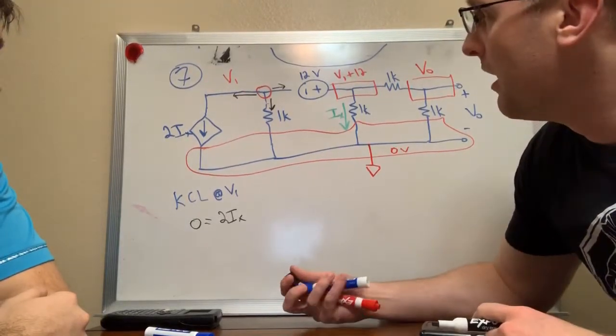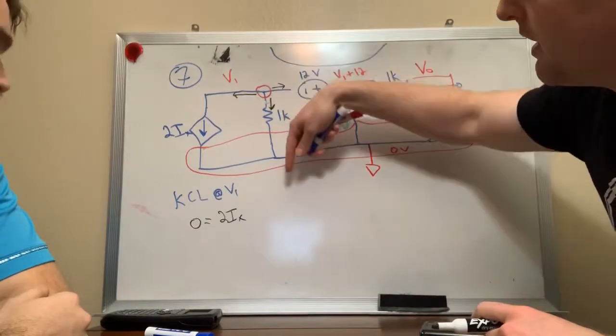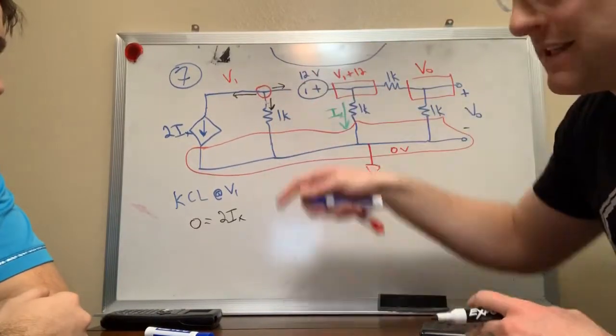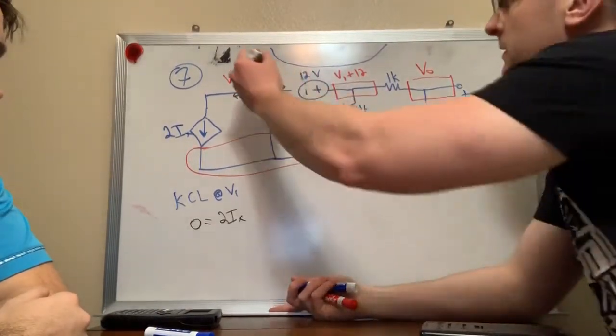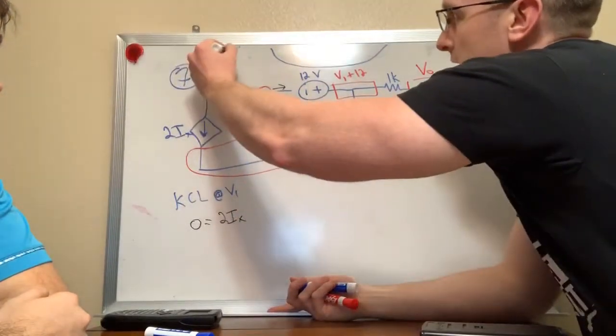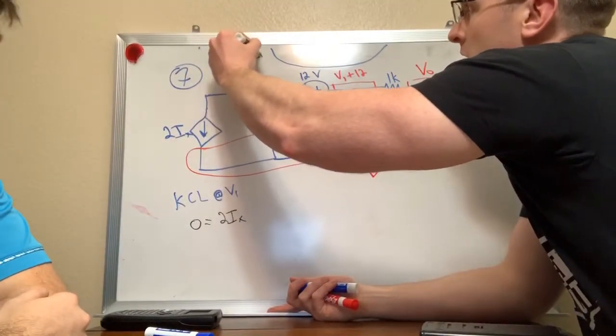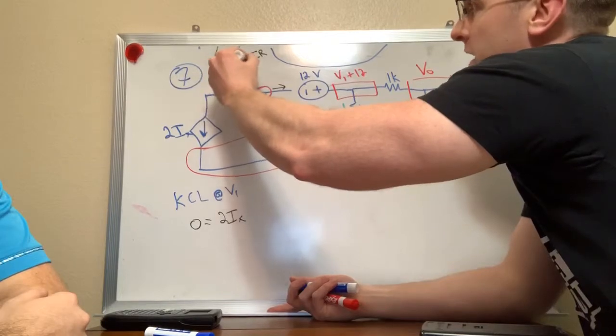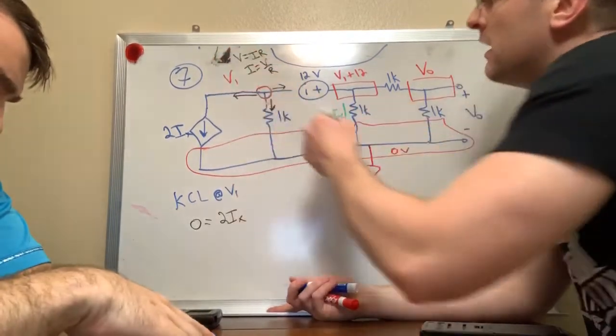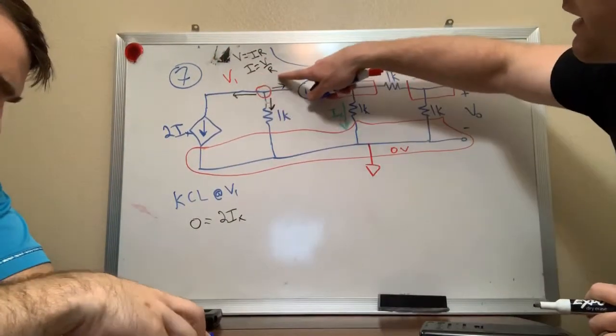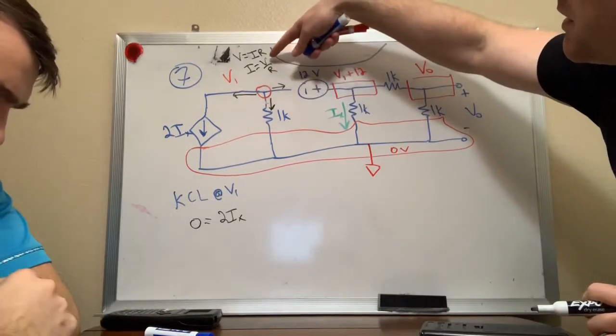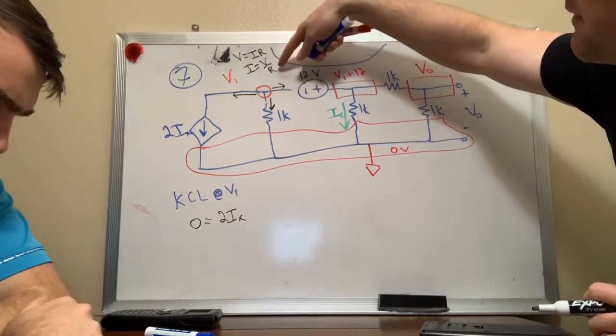So I'm going to define the current across a resistance using Ohm's law, where Ohm's law is V equals IR, and therefore I equals V over R. So the current going through a given resistance equals the voltage across that resistance divided by the resistance.